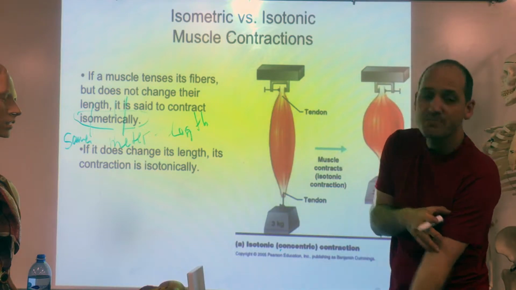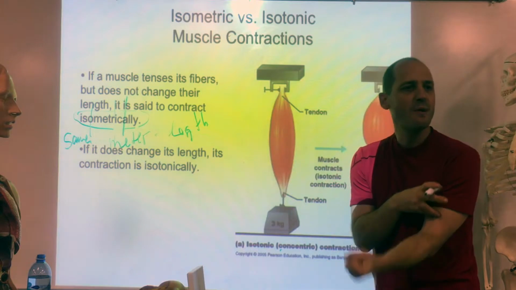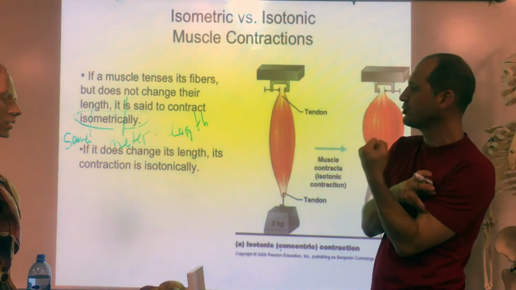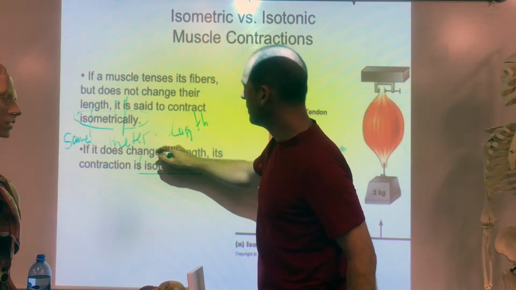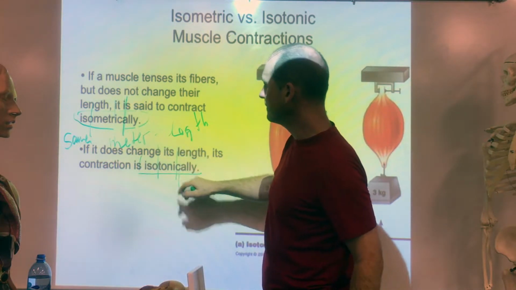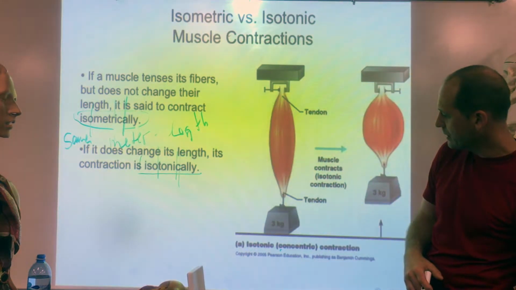When an object is moved, they consider the tone of the muscle stays the same throughout, although I'm not so sure about that. But they call that isotonic contraction. Isometric, isotonic.